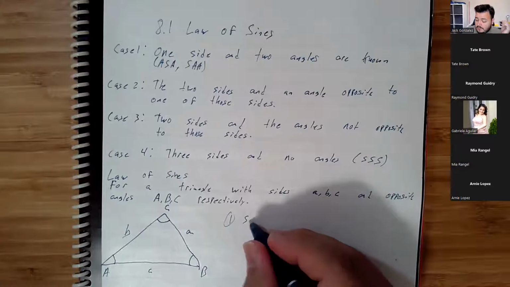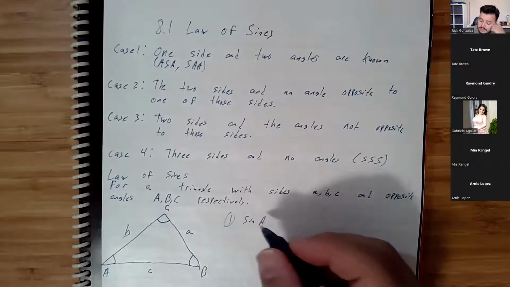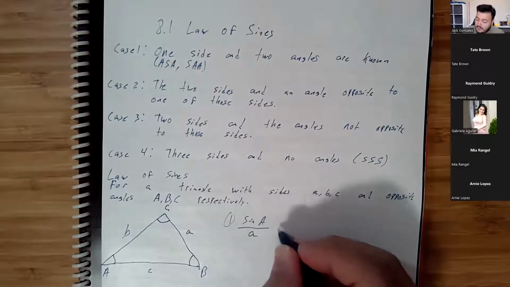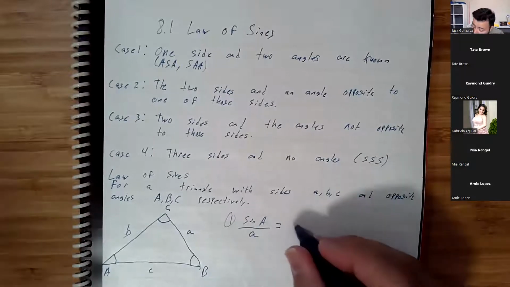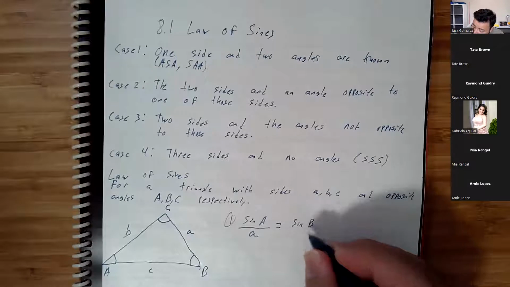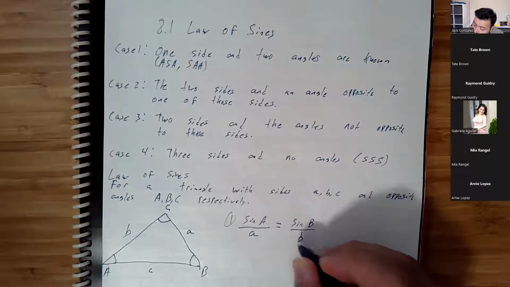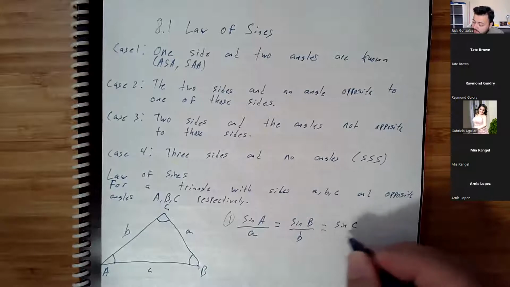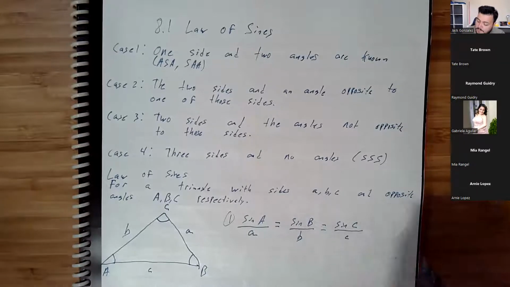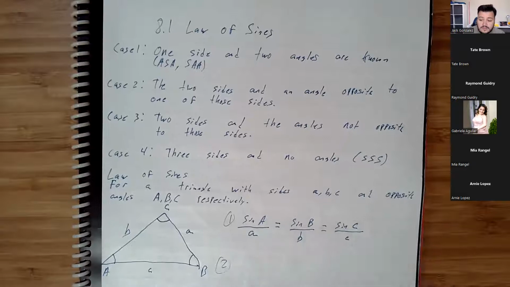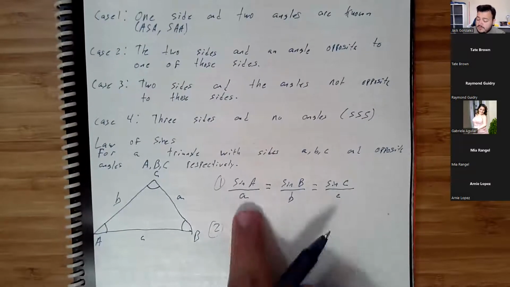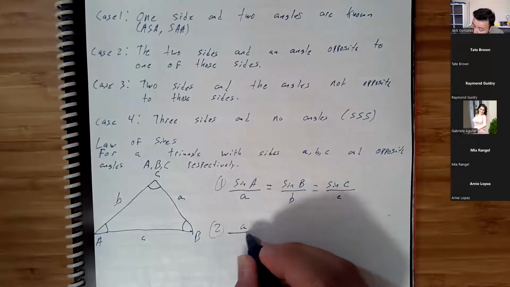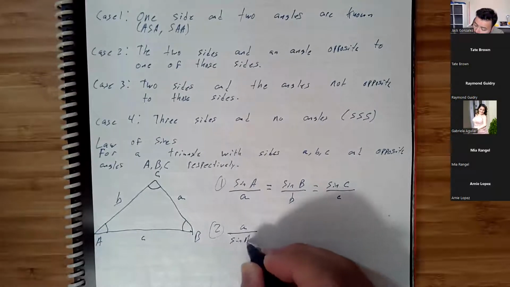So the main formula is this one. You say sine A over its opposite side, little a. That ratio is equal to sine capital B over its opposite side, and that is equal to sine capital C over little c. You can take the reciprocal of all three sides of these equations and put them upside down if you need to.